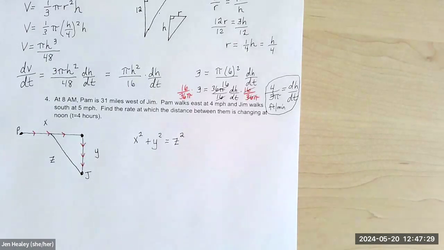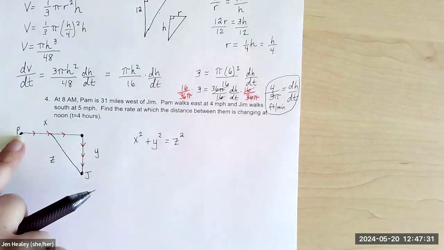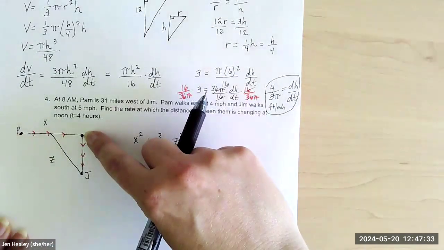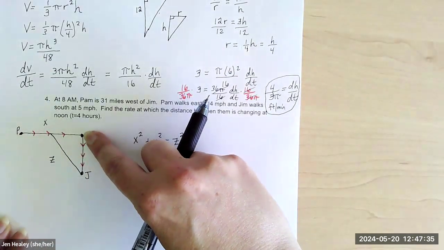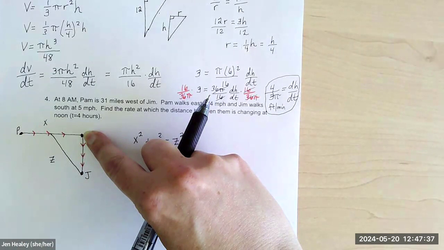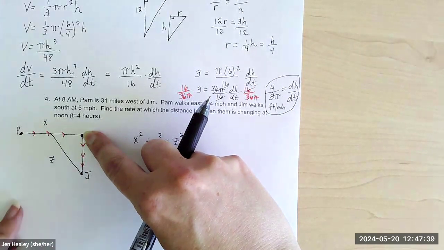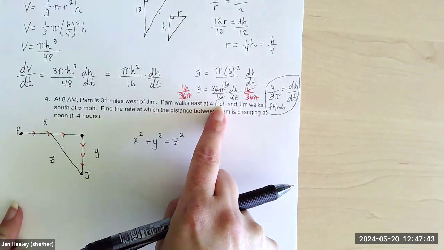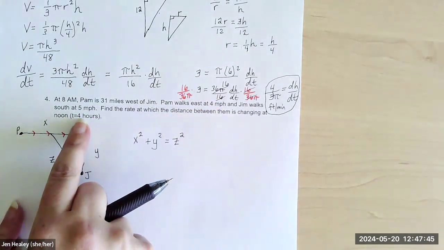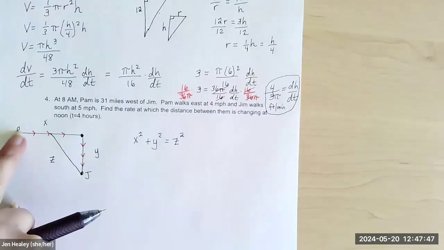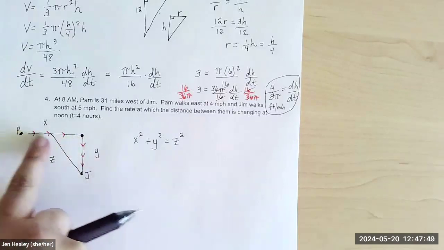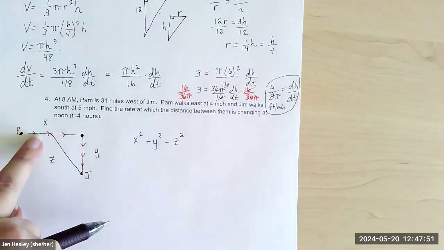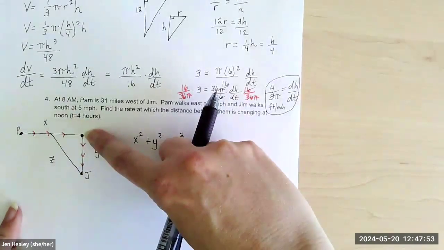So if Pam starts 31 miles away from Jim, and she's walking this way at 4 miles per hour, if we're talking about 4 hours, this was 31 miles originally, but she's getting closer and closer to this point, right?